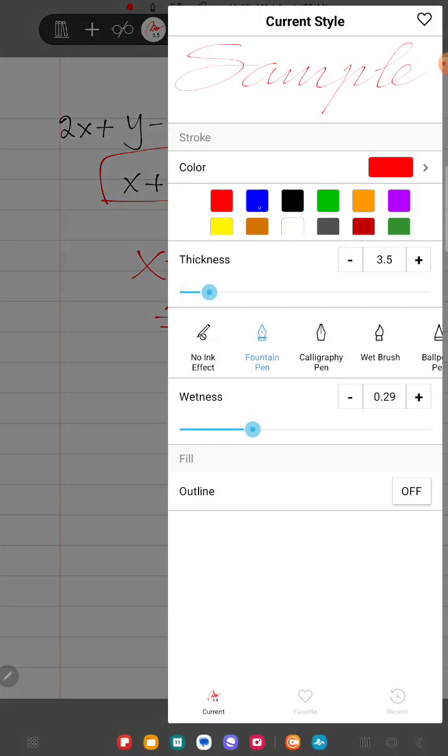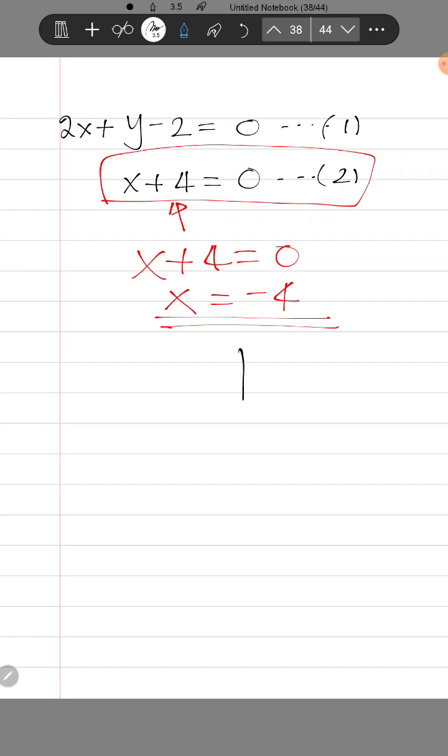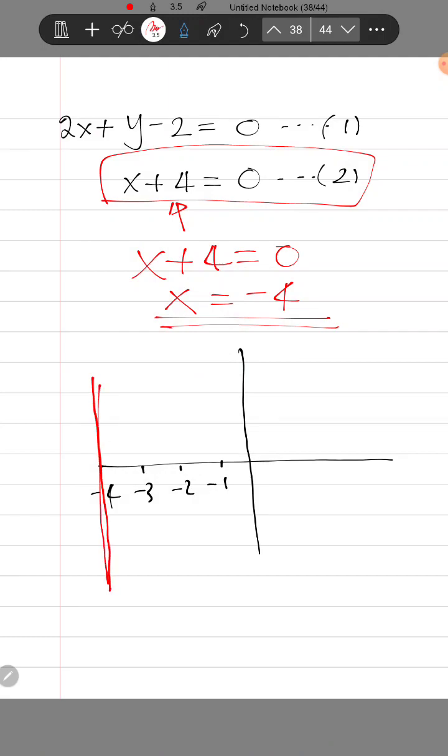When we try to represent it here, let me draw that one here. Minus 1, minus 2, minus 3, minus 4. This is a vertical graph here, a vertical line. x is equal to -4. What about the second one?